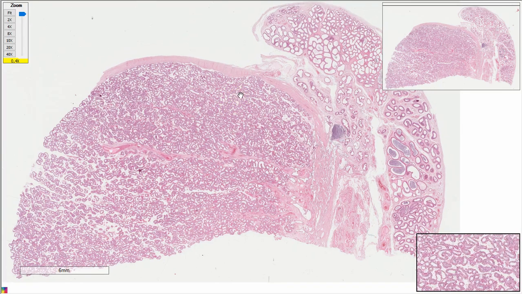So to summarize, the testis consists of seminiferous tubules with spermatogenic cells, Sertoli cells, interstitial Leydig cells, and tunica albuginea. The epididymis is lined by a pseudostratified columnar epithelium with stereocilia and smooth muscle. So key details of spermatogenesis include type A dark cells and type A pale cells, spermatogonia, zygotene and pachytene primary spermatocytes, which later develop into the spermatozoa, if you can remember going back into the video.